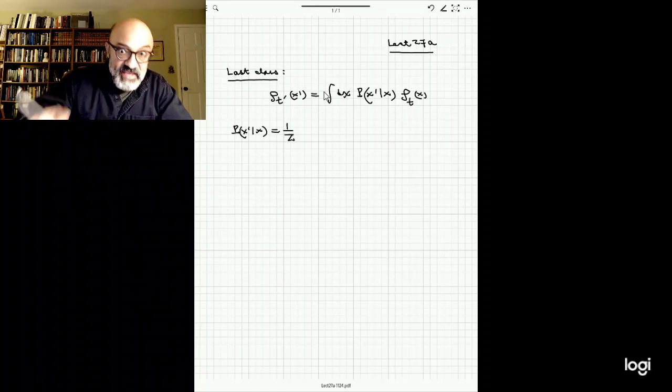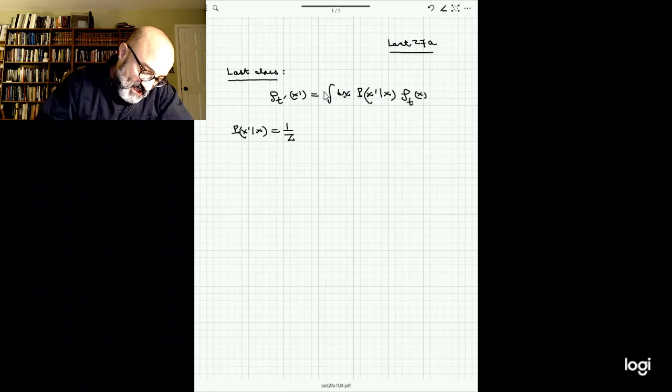This is where the entropic dynamics comes in, is given in the form of a Gaussian.